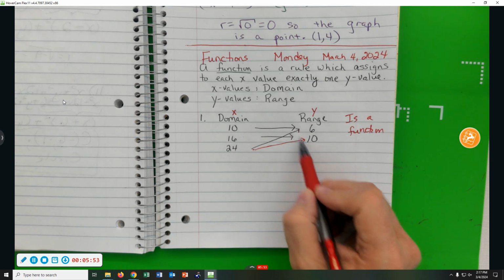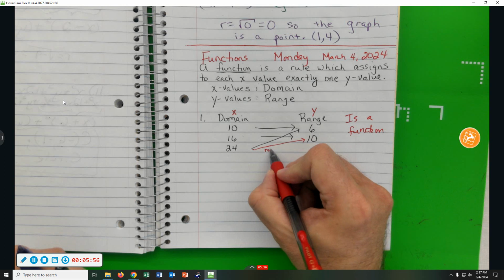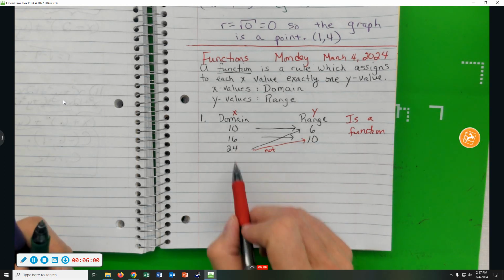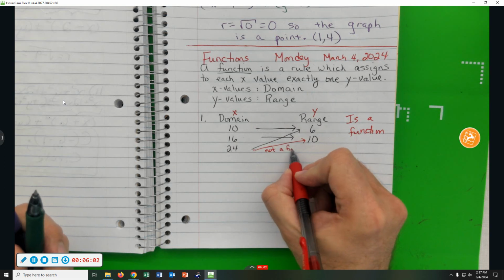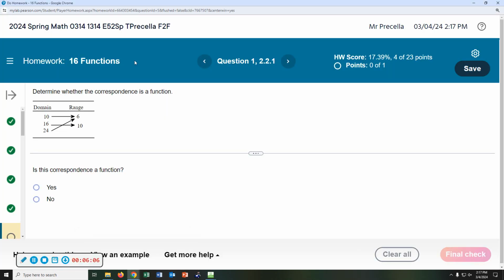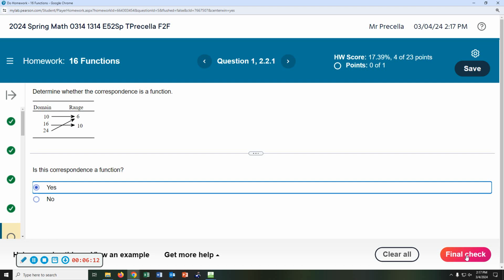So that would be not a function. If there were a second line coming out of any of these, then it's not a function. So the way it was written, this correspondence is a function.